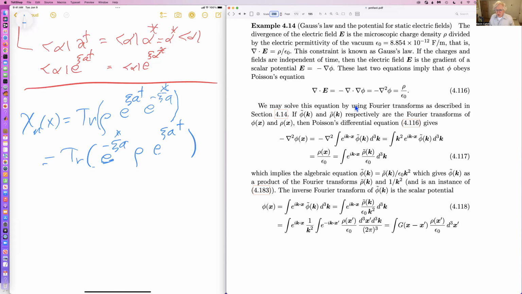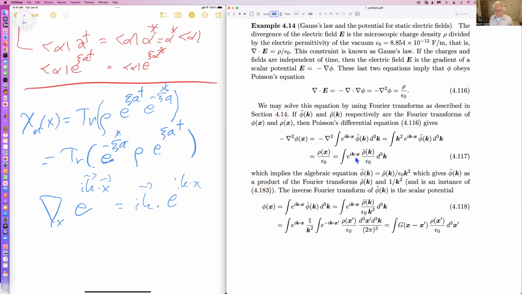So we can solve this equation by using Fourier transforms. What we first of all do is we write phi as its Fourier transform. Then we take the gradient in there, and the gradient with respect to x on e to the i k dot x is equal to i k times e to the i k dot x.